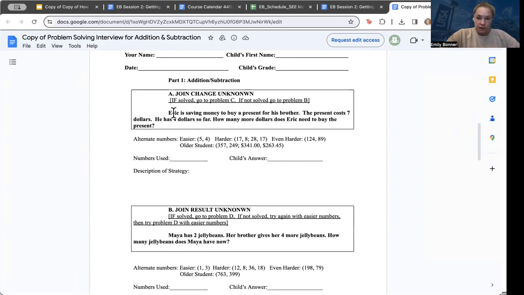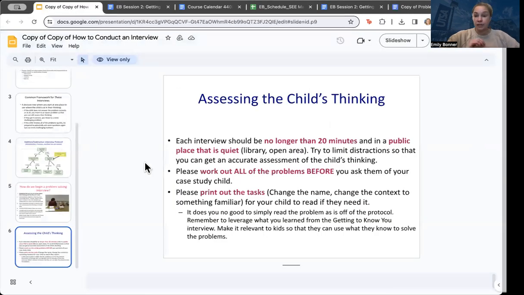And you say, you're saving to buy some Pokemon cards for your brother. The Pokemon cards cost $7 and you have $4 so far. How many more dollars do you need to buy the present? So you can see just that little tweaking might make it more relevant to the student. That's an option. You do not have to do that. If you're feeling nervous about just asking the questions, just stick to the protocol. That's totally fine. You should get similar information.